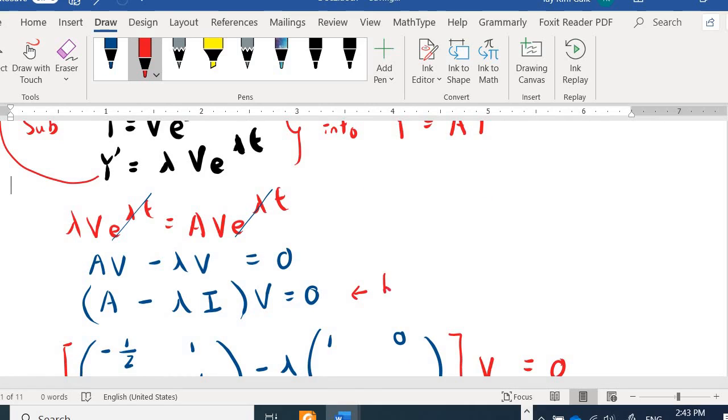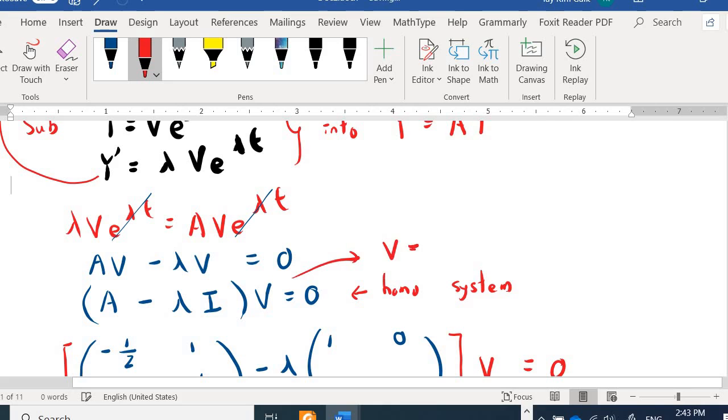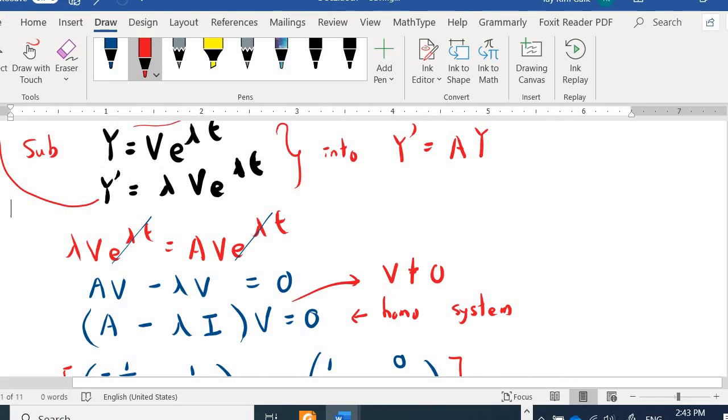This is a homogeneous system because the right hand side is 0. In this case, v cannot be 0. If v is 0, then y is 0, so you couldn't find the solution.